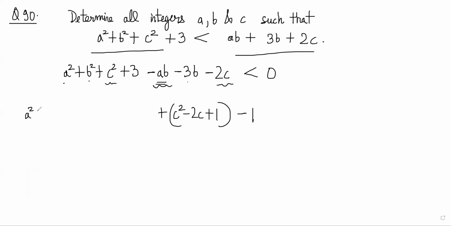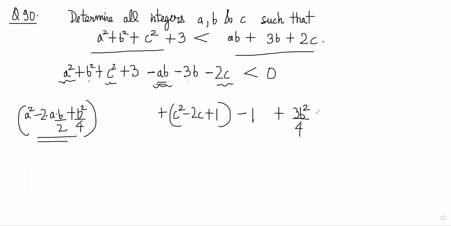So I can do a square minus 2 times a into b by 2 plus b square by 4. So this will handle the ab term, a square term, and b square by 4. So what do I have left now? I have 3b square by 4 left over, I have minus 3b, and I have a plus 2, because 3 minus 1. So I will remove this minus 1 from here.